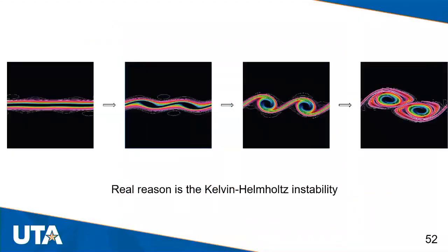So the real reason is Kelvin-Helmholtz instability, and in the Kelvin-Helmholtz instability, you will form two vortex centers, right? The condition of Kelvin-Helmholtz instability is strong shear, right? Strong shear, and two vortex rings, one slightly top, one slightly lower, right? So their features match. So we think the real reason is Kelvin-Helmholtz instability.